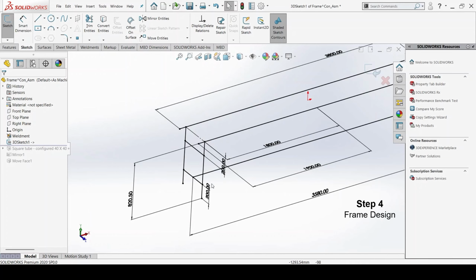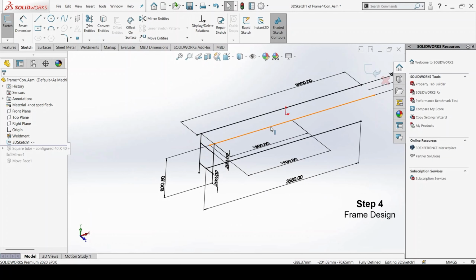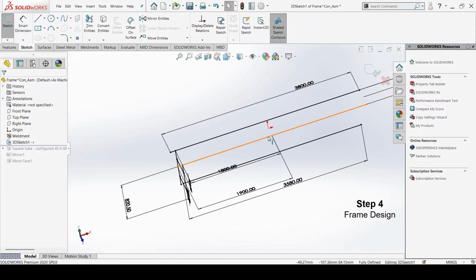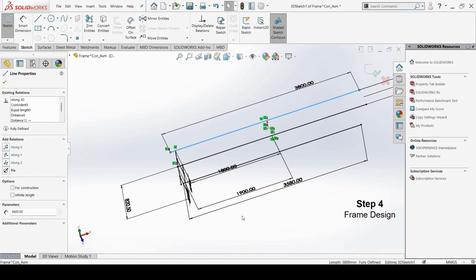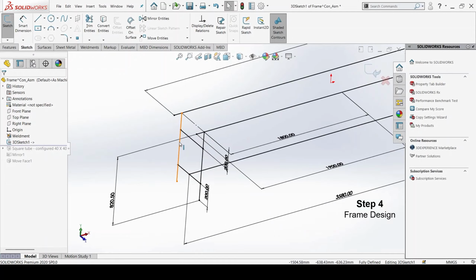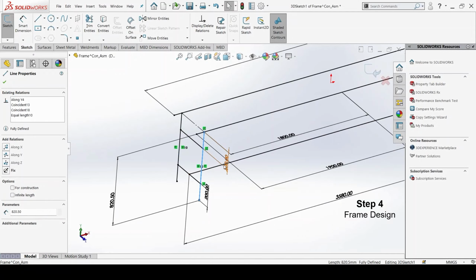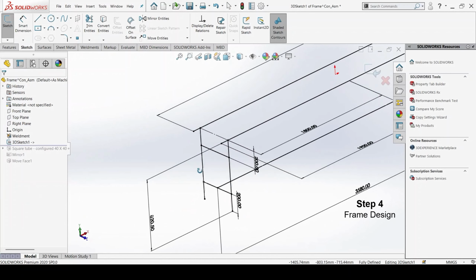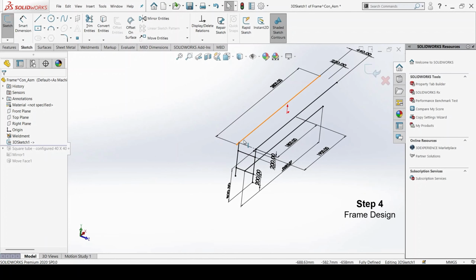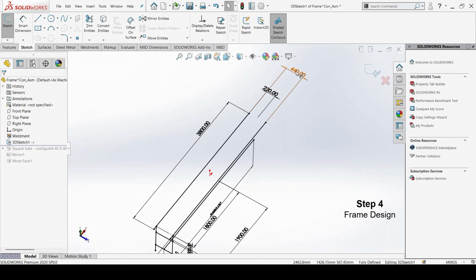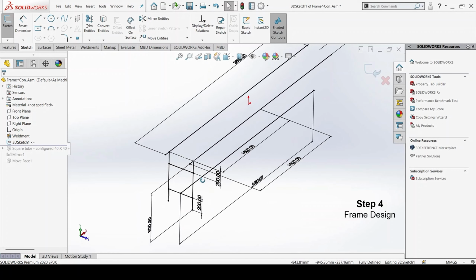So I have placed two long members of 3800 length, this and this, and below them on the left hand side I have placed these two members of height 820.5 for the height dimension, and between these long members I have kept the distance of 440 millimeters.